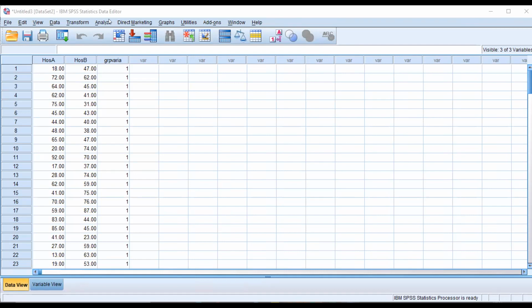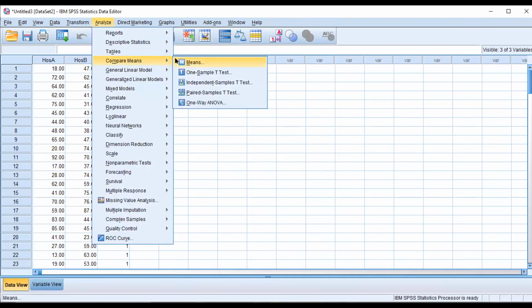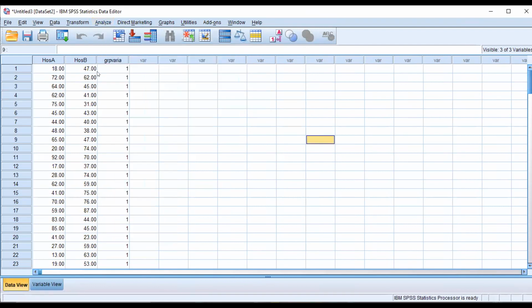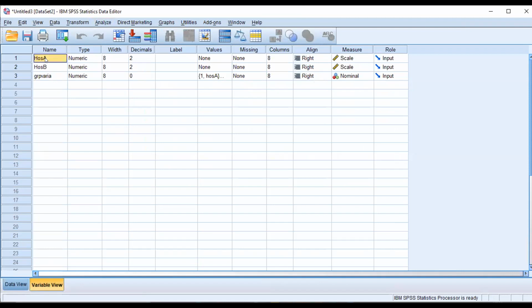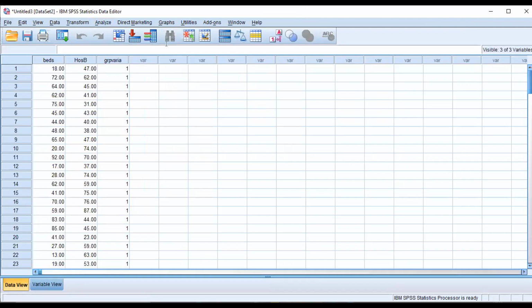We have this data for hospital A and hospital B, but as per the requirement of our SPSS tool, because in R or other software it will take it in that way, but here you have to define the group. This variable is the total beds, you can write beds, and this is group 1 or 2.